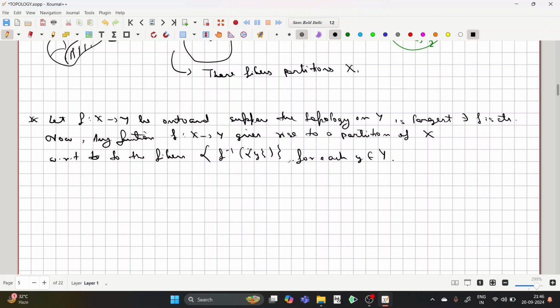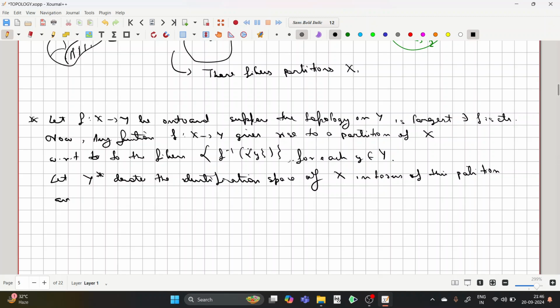Let Y star denote the identification space of X in terms of this partition, and pi from X to Y star be the natural identification map.